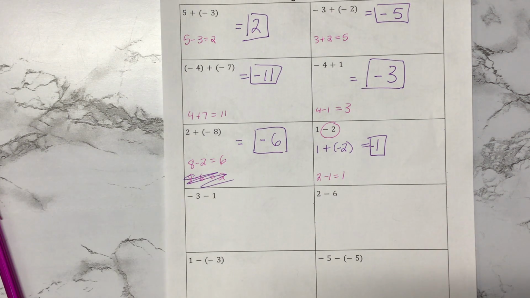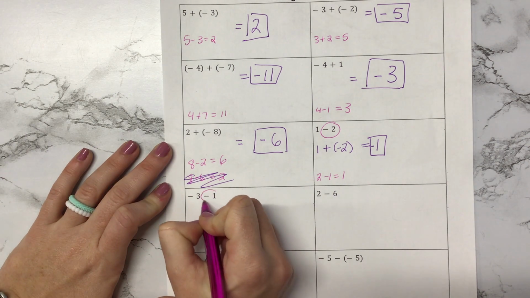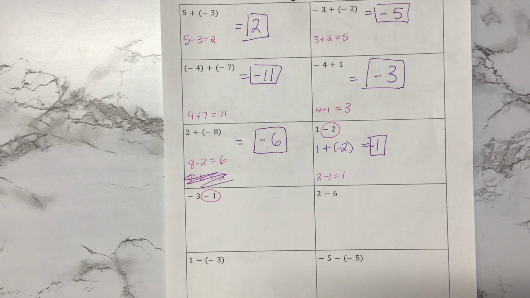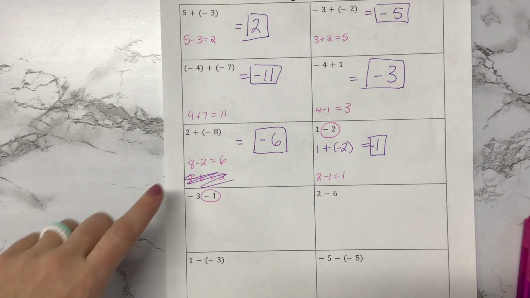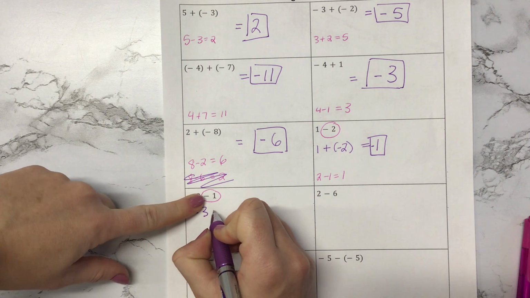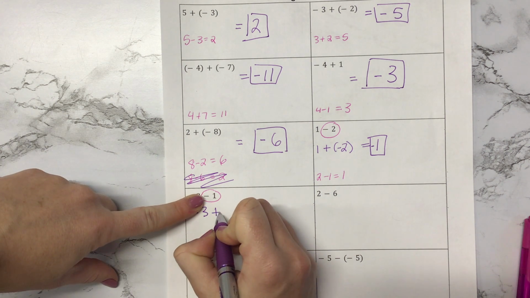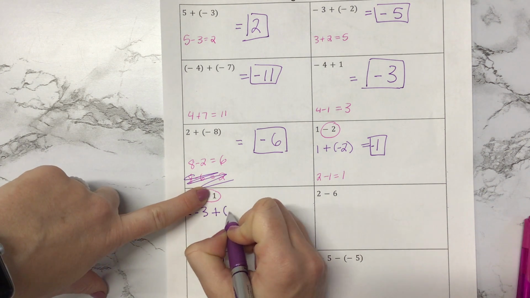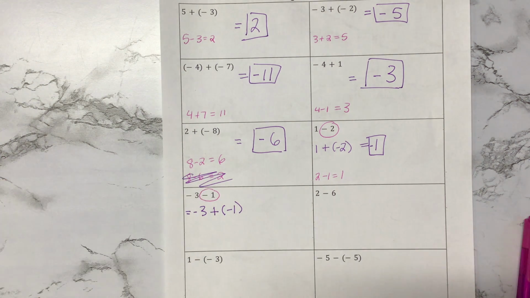So again, we're going to rewrite this as addition so that we can use our addition rules. Everything I'm subtracting, instead, I'm going to add the opposite. So this -3 is going to stay the same. Instead of subtracting, I add. The opposite of 1 is -1.